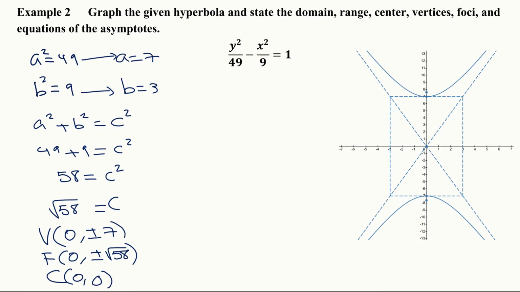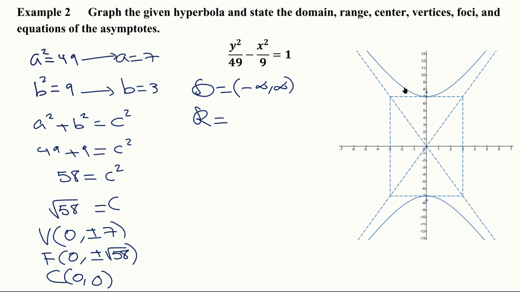We can go ahead and speak about the domain and the range. The domain is going to be the set of all the x values that are needed to graph this particular object. Notice that all x values will be in play, so the domain this time is negative infinity to infinity, and the range is what's going to be more limited.